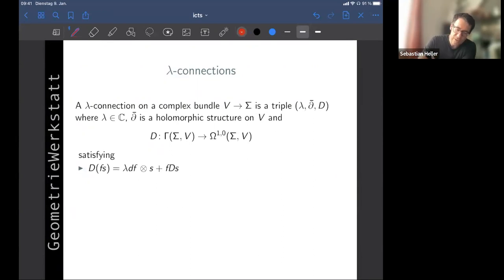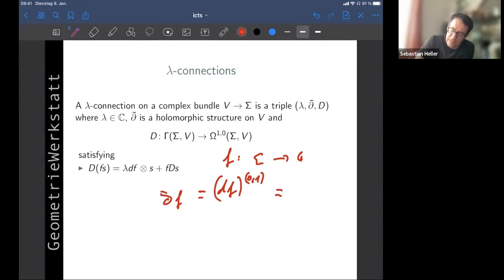But there are also other instances. So maybe the easiest one is the Cauchy-Riemann differential equations. One way of writing that is you look for functions from a complex domain or Riemann surface into C. And of course, you can take the derivative. But then if you look at the 0-1 part of the derivative, which I usually denote by del bar F, then the Cauchy-Riemann equation just tells us this should be 0.